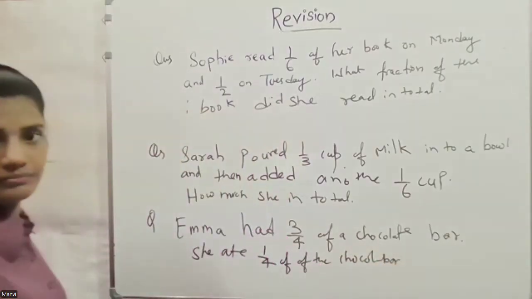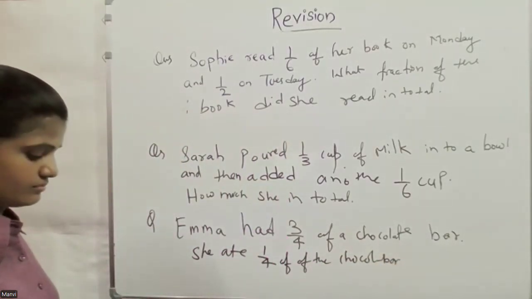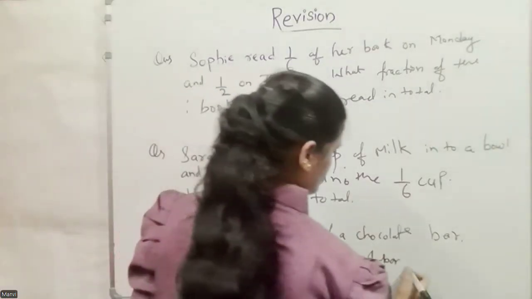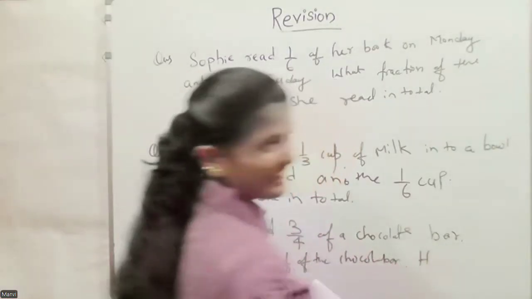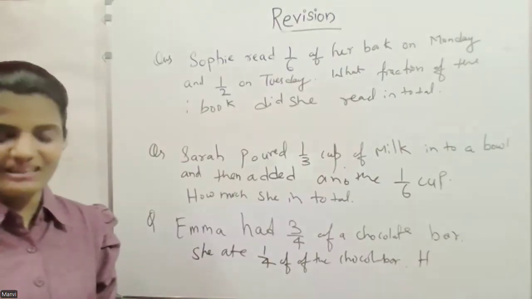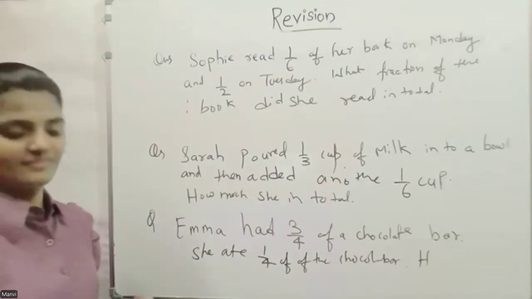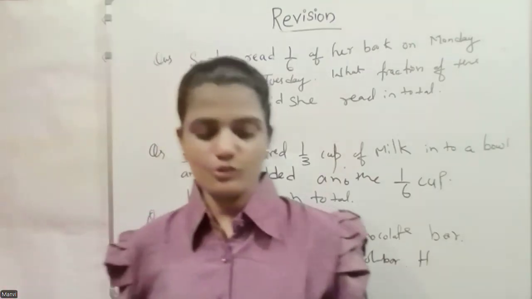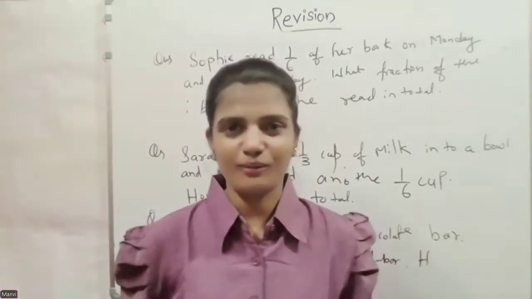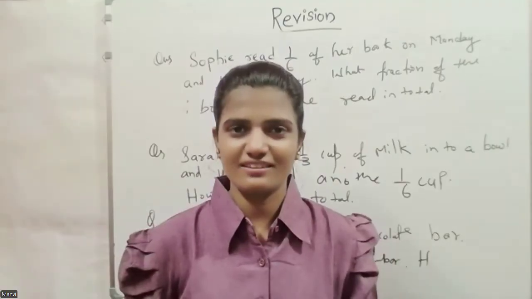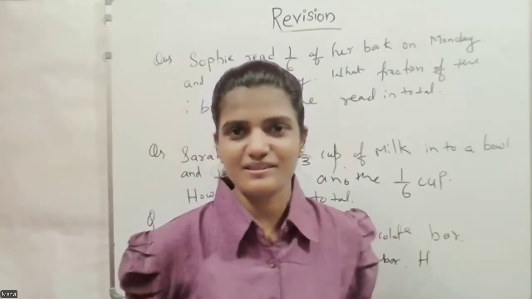Sorry, is it visible? Yeah, I can see it. I got 1 by 2 anyway. So how much chocolate bar does she have left? 1 by 2. Yeah, that's good. So that's all about this word problem based question, right? Okay. You're okay with this?